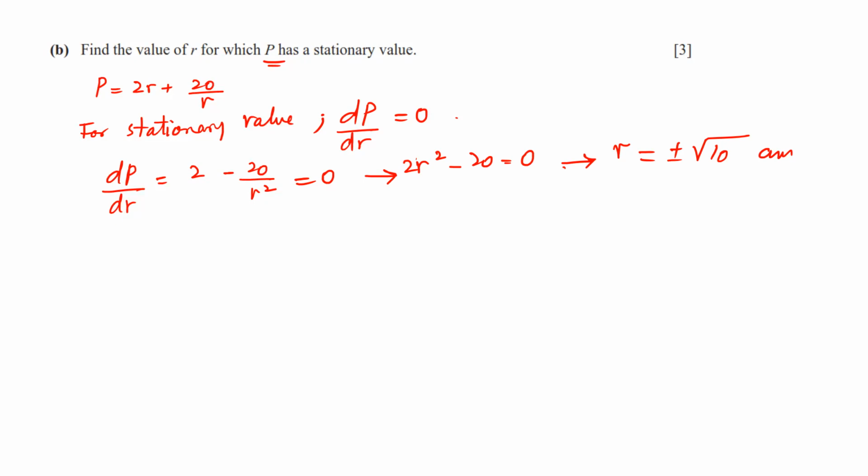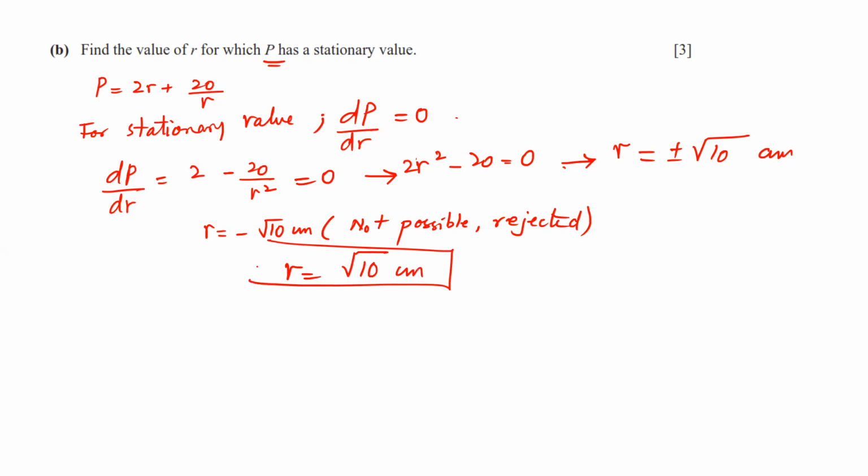So R is equal to minus root 10 centimeters. This is not possible. Radius cannot be negative, so it will be rejected. So the R value is only root 10 centimeters. We are not going to use the negative value for this.